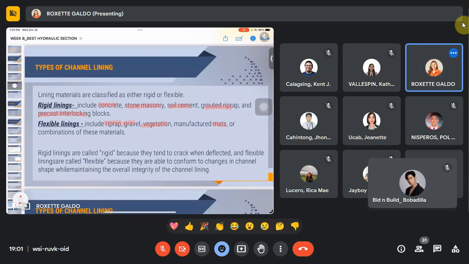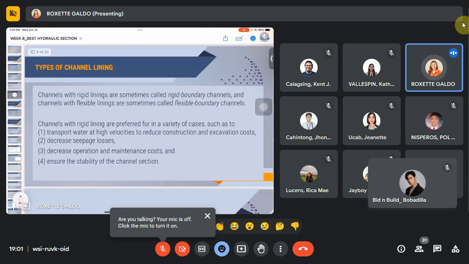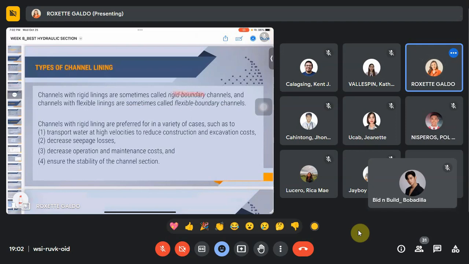Okay. So, channels with rigid linings are sometimes called rigid boundary channels because when you have a rigid lining such as concrete for your channel, no matter how strong the water is that passes through your channel, its cross section, its shape, its size will always be the same.